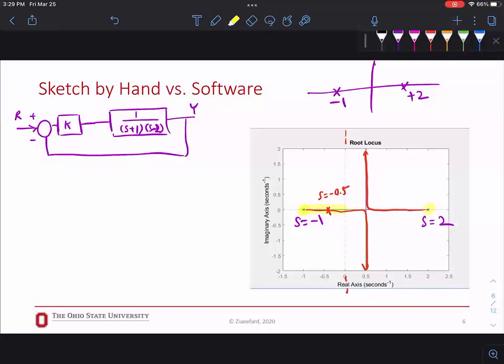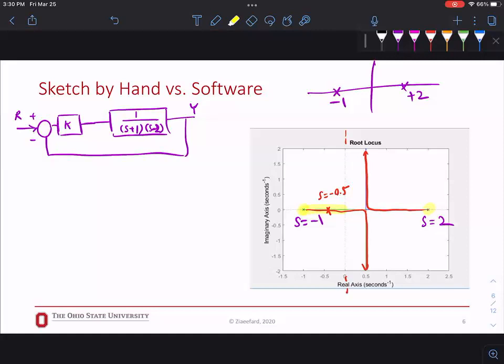So to help you understand this better, when you look at the root locus drawn by the software, you will understand what happened, why there are different color lines, because there were 2 different colors and it's really important, and why they behaved like that. We need to go over drawing by hand.